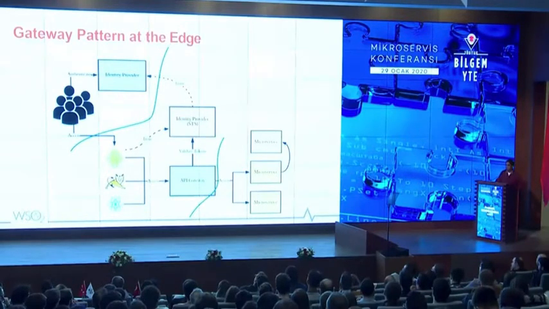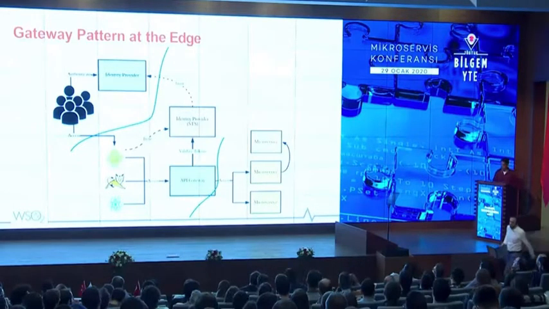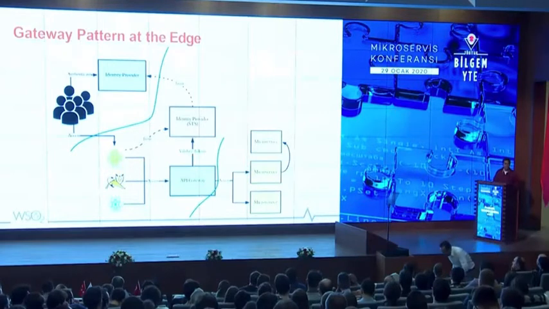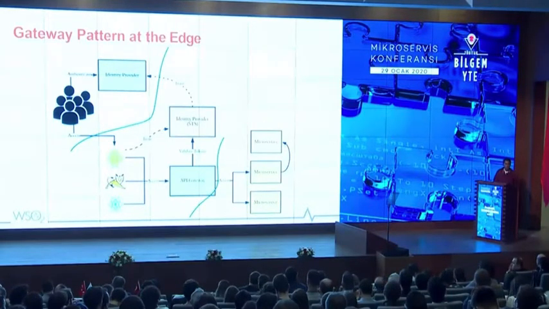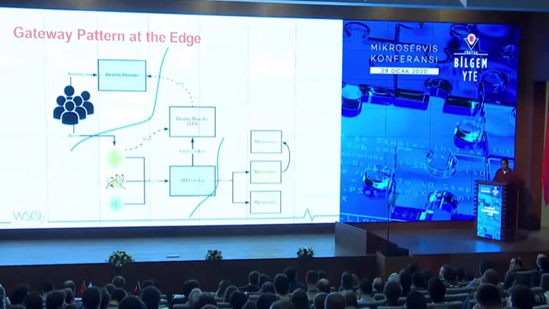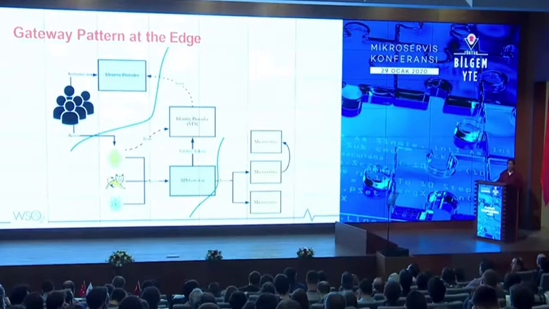Now here, there can be an issue. If the API gateway always tries to talk to the STS, the secure token service, to validate the token, then there will be a performance issue, right? For every request, there's a remote call to validate the token. To fix that issue, we can make the OAuth token a self-contained token.